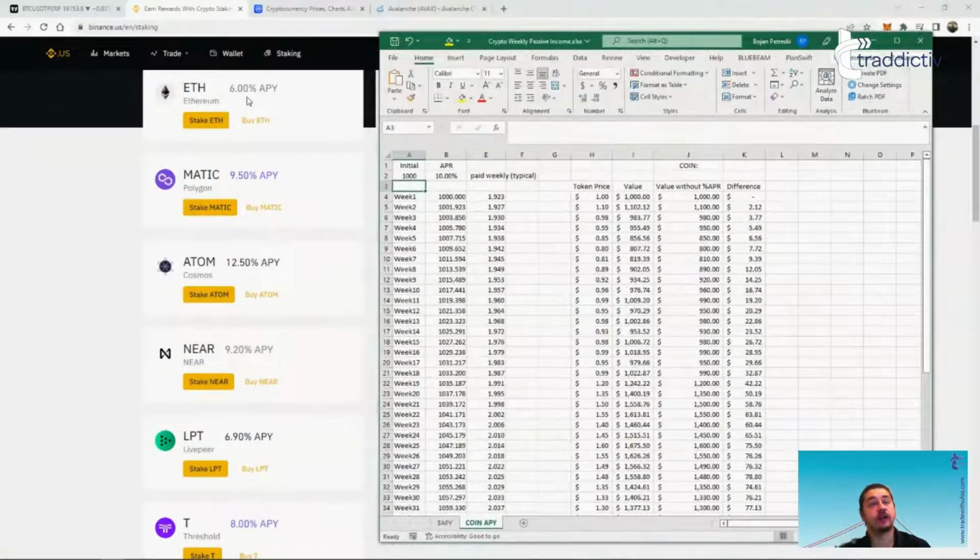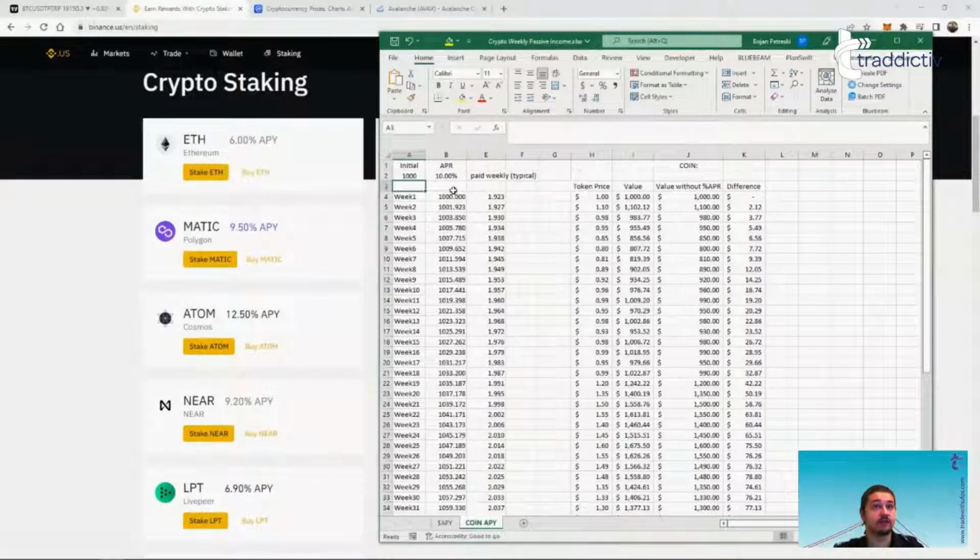However, whenever they're calculated in coins, this 6% APY, if let's say you paid right now, let's do a comparison of Matic at 9.5% APY that gets paid out weekly. That's typical. And let's just put this right here. That's Matic.